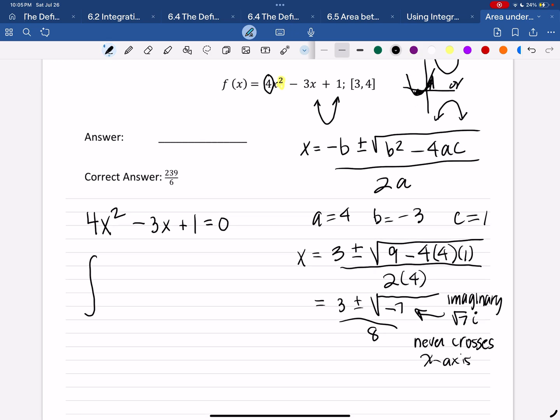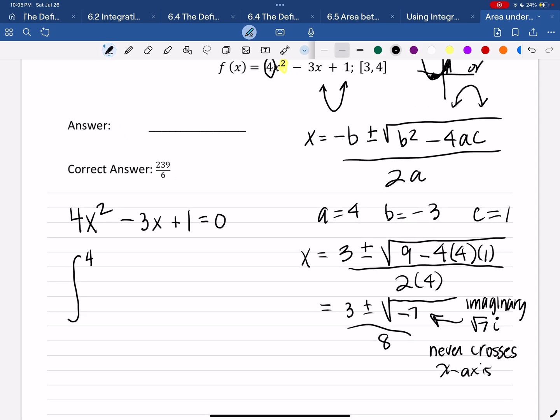And the endpoints they gave us were from 3 to 4, 4x squared minus 3x plus 1 dx.